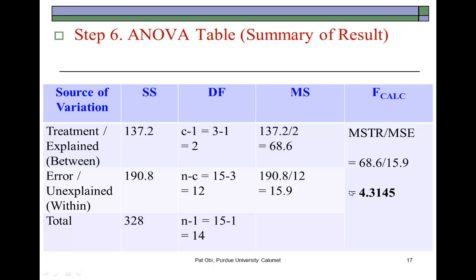And most importantly and finally, the calculated F statistic, which is the ratio of mean square treatment and mean square error. If you divide 68.6, which is mean square treatment, by 15.9, which is mean square error, you obtain the calculated F value of 4.31.